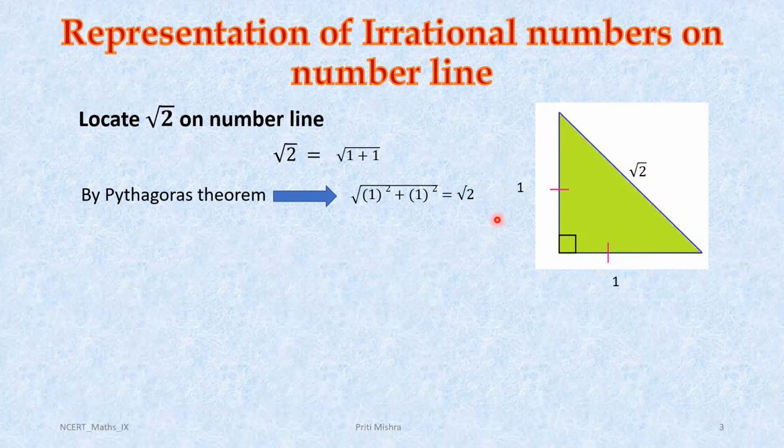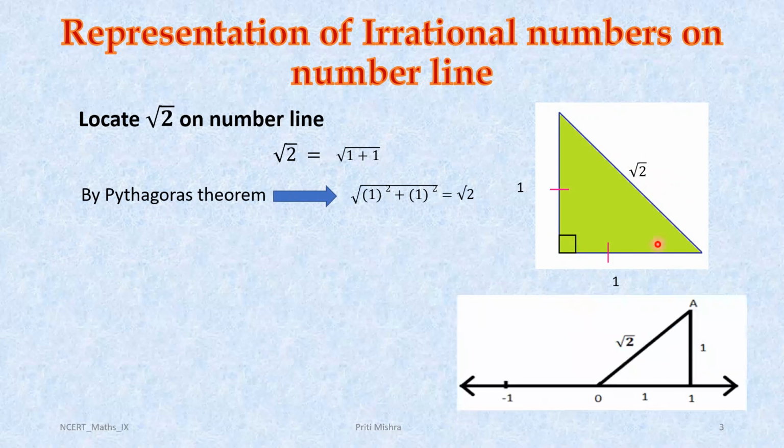Now just like this, we will draw a right angled triangle on the number line and there we will have the measurement of square root 2. See here on the number line, in magnified form, I am showing you 0 to 1 unit like this, then 1 to 2, then 2 to 3 and so on. So 0 to 1, this is the length. At 1, we will drop a perpendicular of 1 unit.